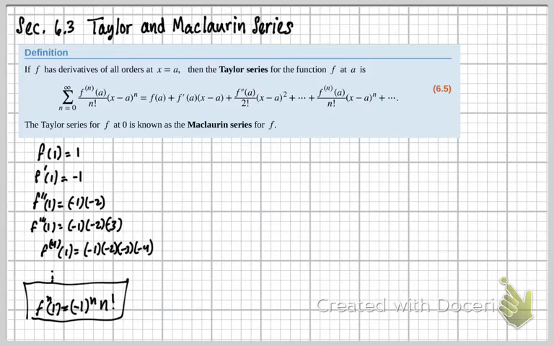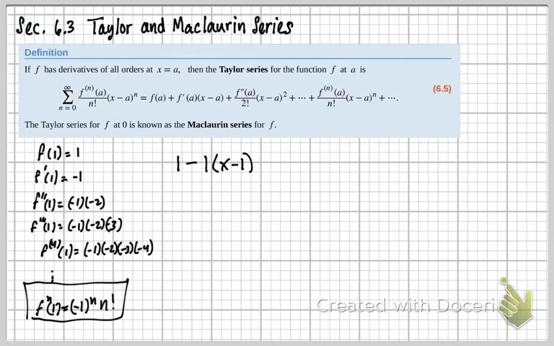We're going to get a 1 for f of a, plus a negative 1, so I'll put a minus there, a minus 1 times x. Now keep in mind, we're centered about 1, so it's going to be x minus 1.